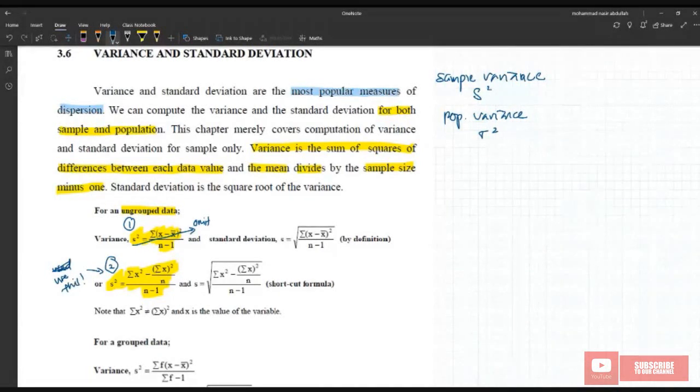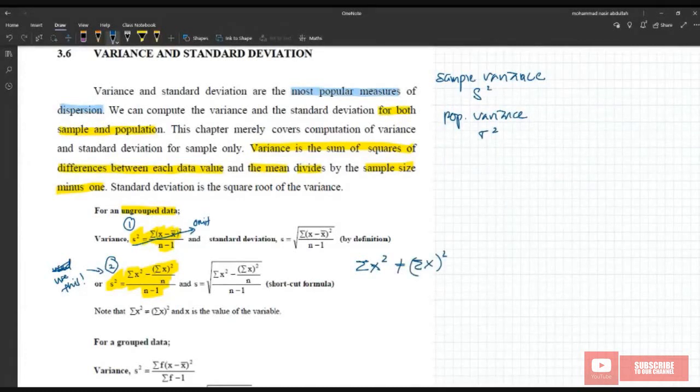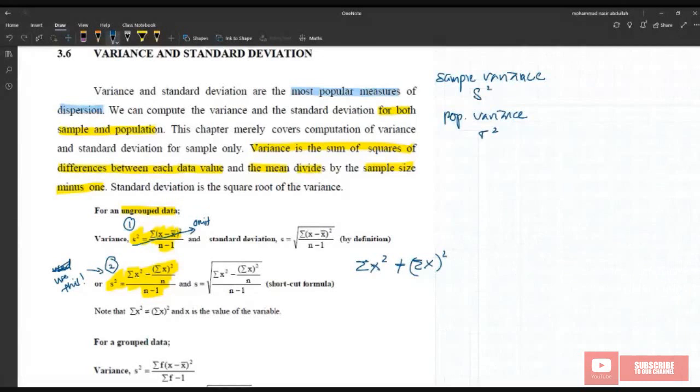If you look at formula number two, the summation of x squared minus the summation of x, squared, divided by n, then everything divided by n minus 1. You need to understand that the summation of x squared is not equal to the summation of x squared. It's a totally different value.